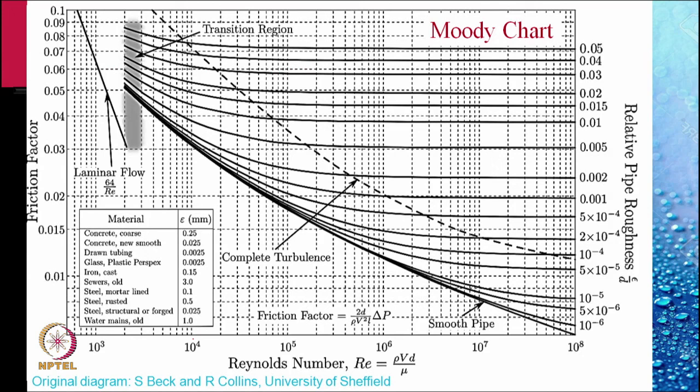This is what a Moody chart looks like. Moody charts help us determine the friction factor f, the Darcy friction factor, as a function of Reynolds number with the relative pipe roughness parameter epsilon by D as a parameter.